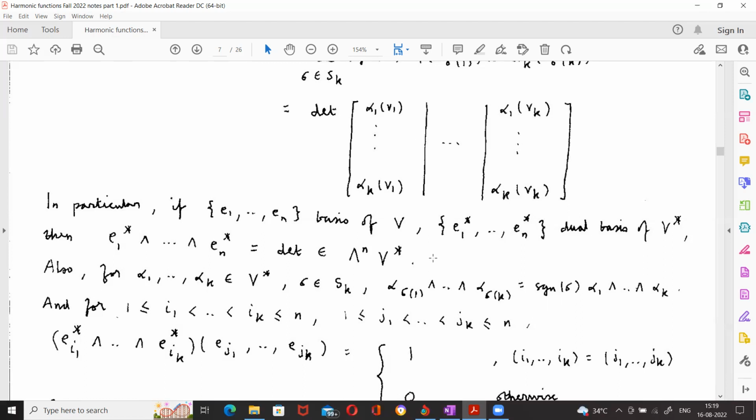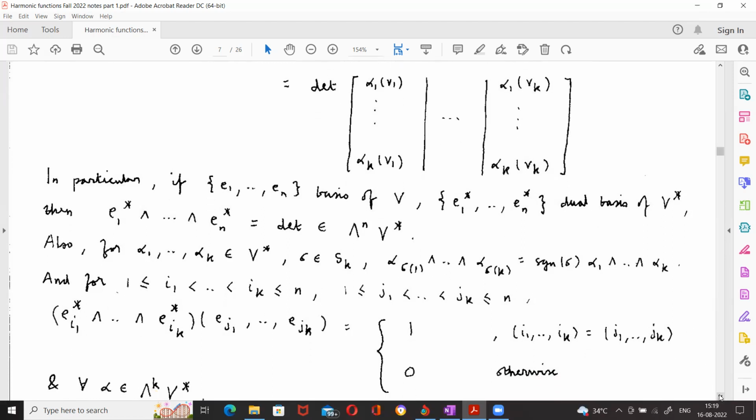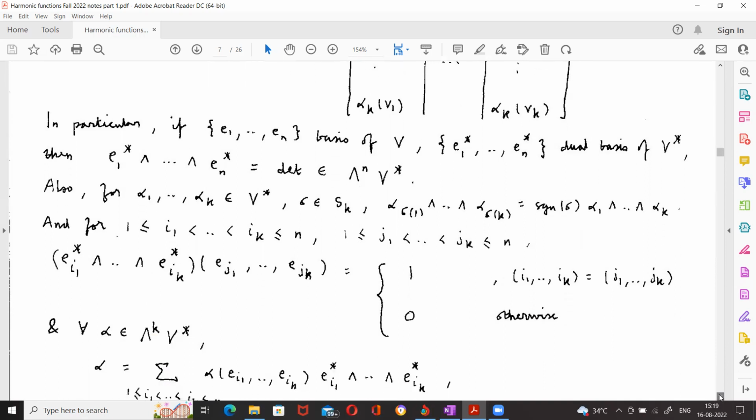That means alpha sigma 1 wedge alpha sigma k is sign sigma times alpha 1 wedge alpha k, where the alpha i's are one forms. So the wedge product applied to one forms is also alternating.